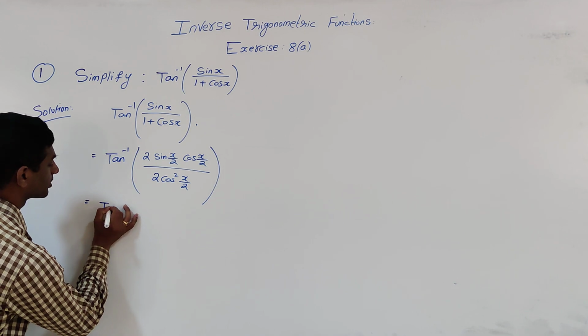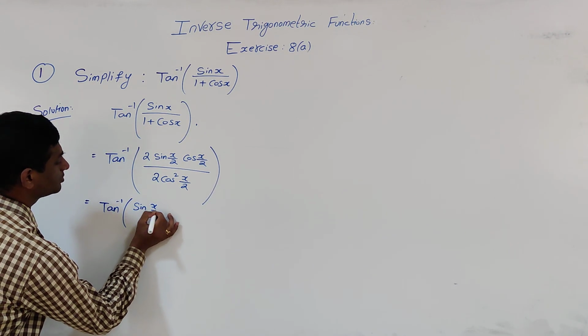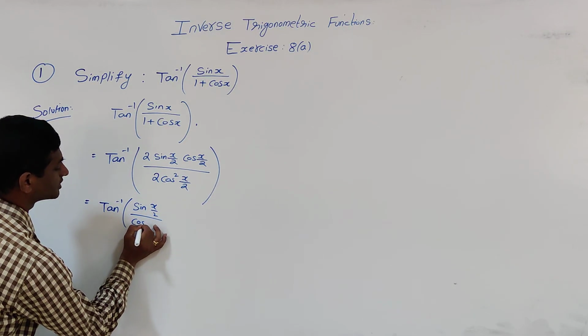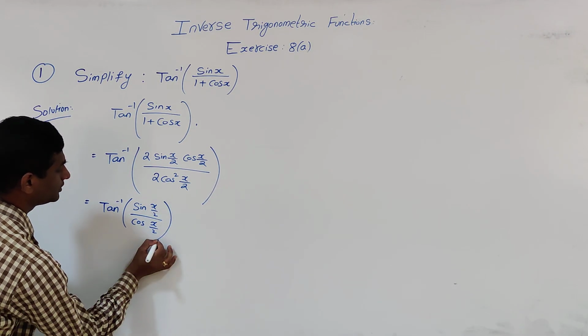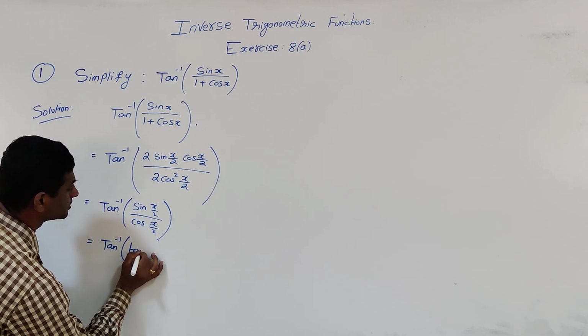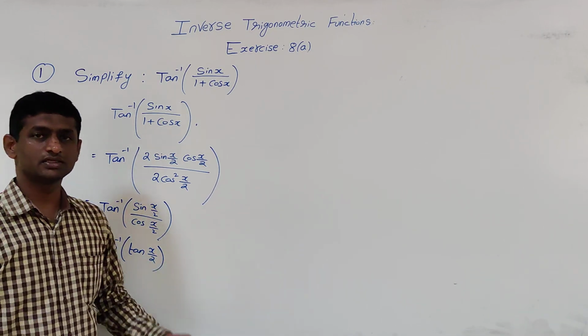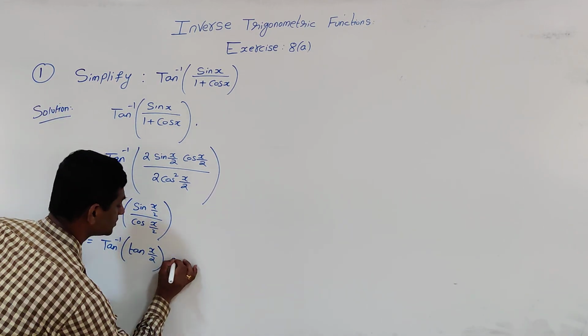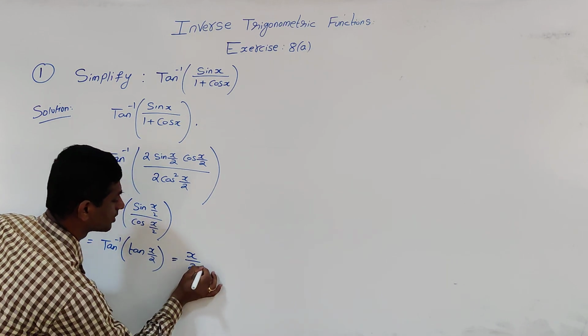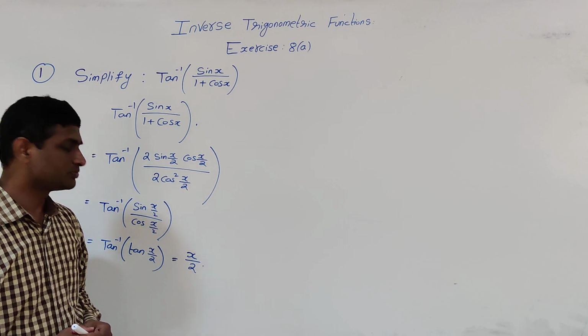So it will be tan inverse of sin x by 2 by cos of x by 2. So it gives tan inverse of tan x by 2. Since tan inverse of tan theta is theta, in the same way it is x by 2. So tan inverse of sin x by 1 plus cos x is x by 2.